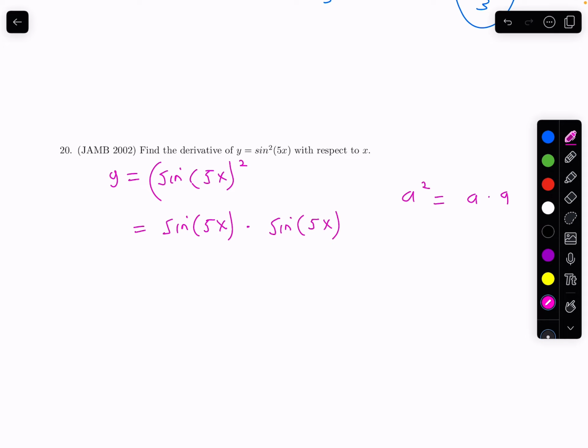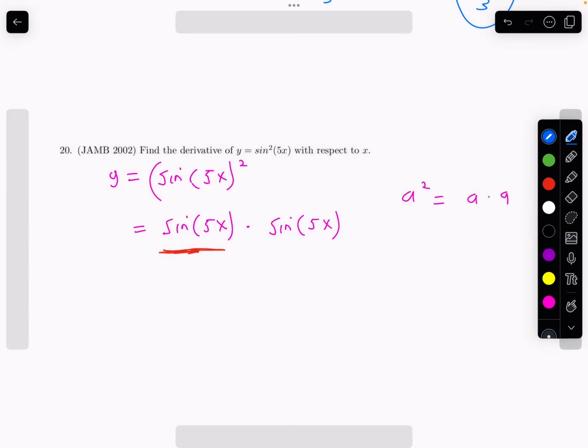I can apply the product rule. The product rule tells me I take the derivative of this one and keep the other one constant, plus I take the derivative of the other one and keep the first one constant.